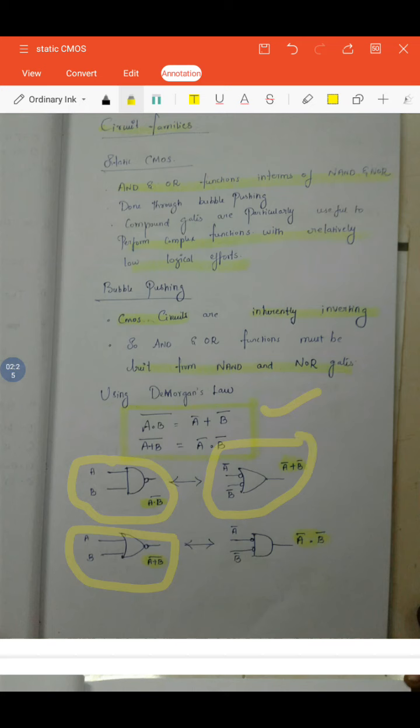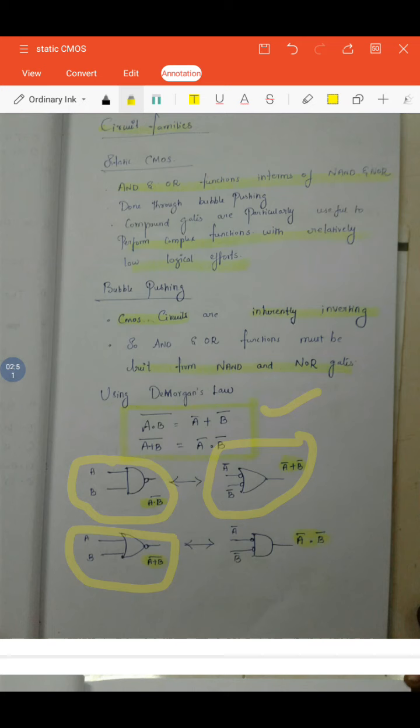I am drawing an OR gate and giving it two inverted inputs, so I draw the bubble at the input side lines, A bar and B bar. So this is my A bar plus B bar gate. That means the equivalent of NAND is nothing but an OR gate with inverted inputs. That's all.